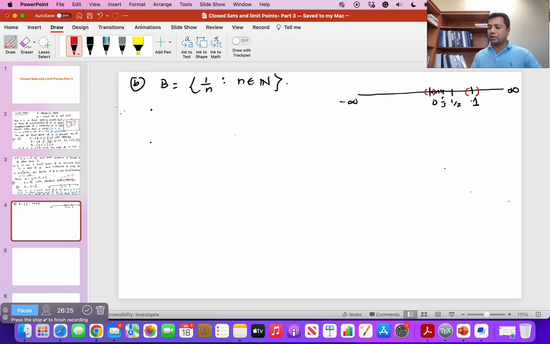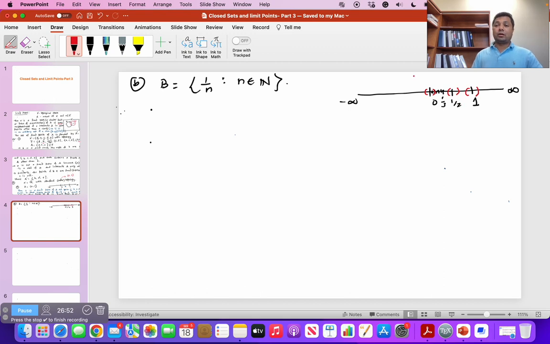So 1 is not a limit point of B. Similarly, you can check that no point of B is a limit point of B. For example, for 1/2, you can construct an open interval containing 1/2 which intersects B only at 1/2.